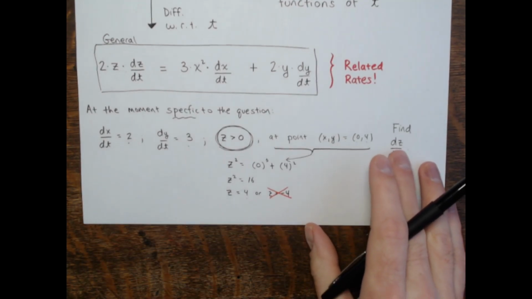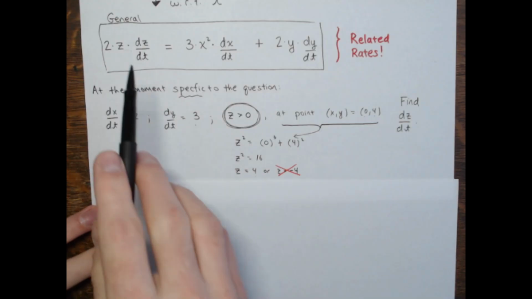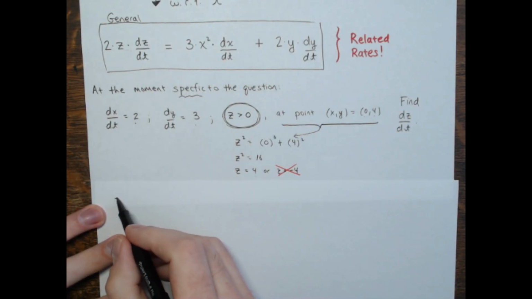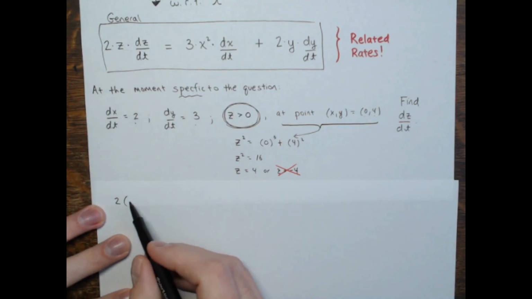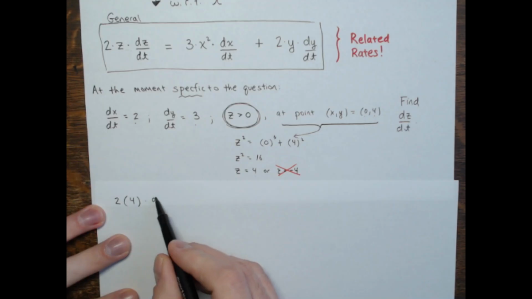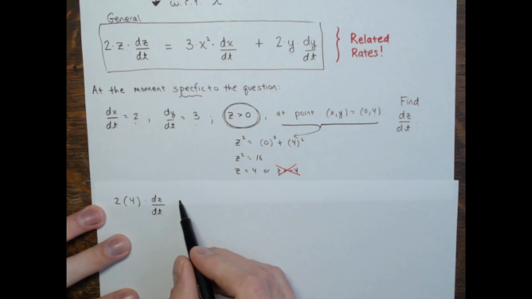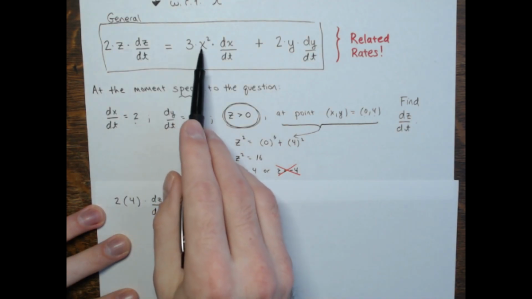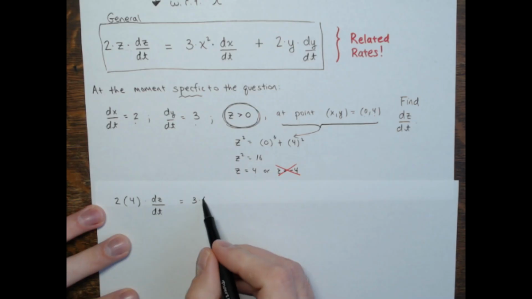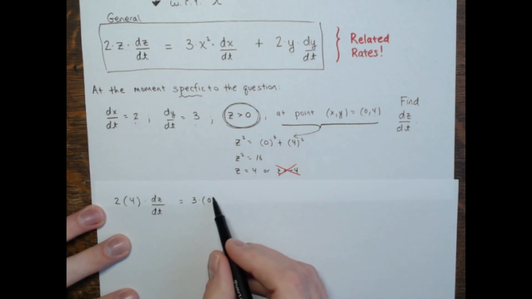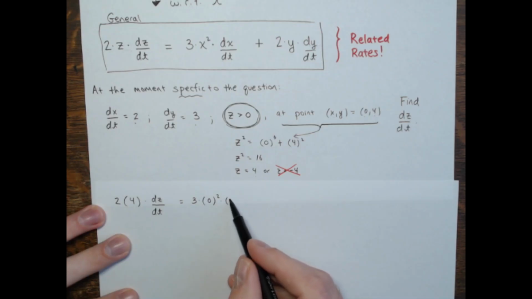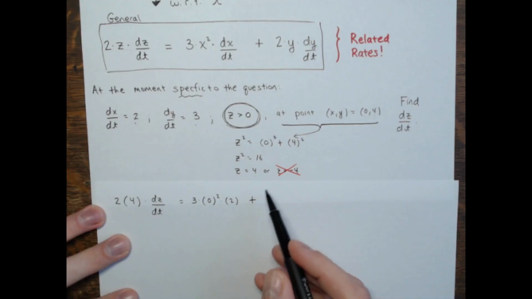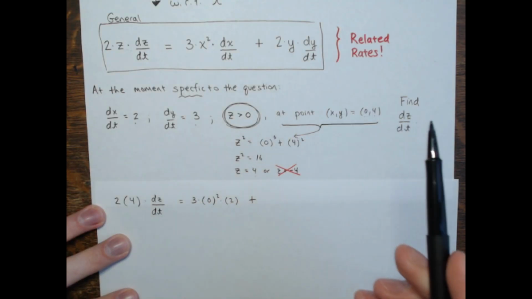Right, this dz dt they're asking for, by plugging in now to our related rate equation. So on the left here, 2 times the z value, right? So 2 times 4 times this z prime, or dz over dt here, must be equal to 3 times x squared, right? So 3 times, x was 0, squared times, and then dx dt was given as 2, and then plus 2 times y times y prime.